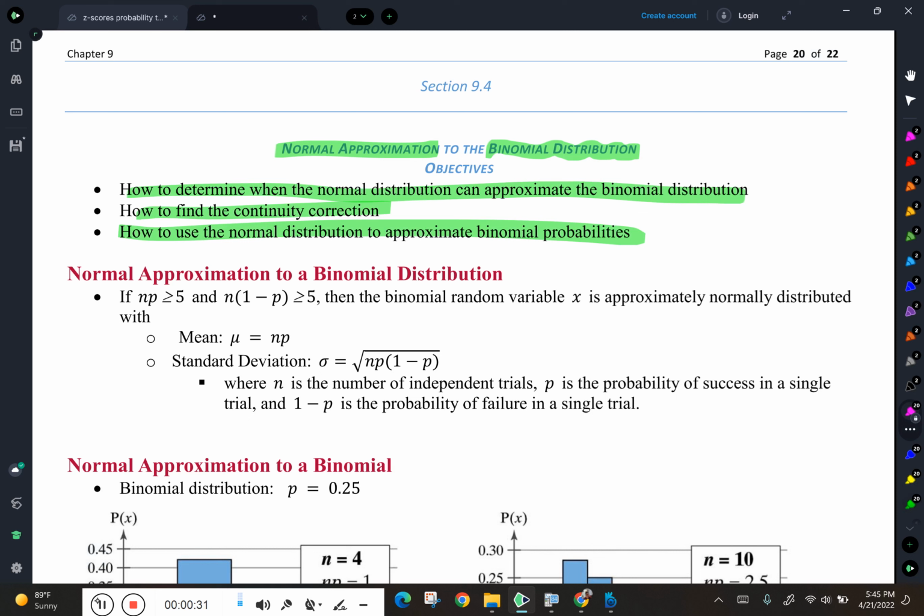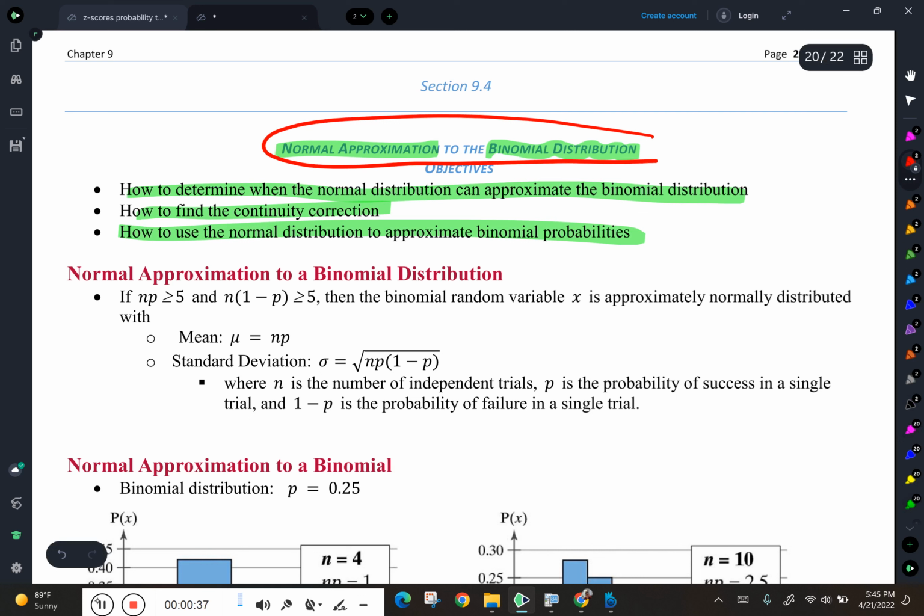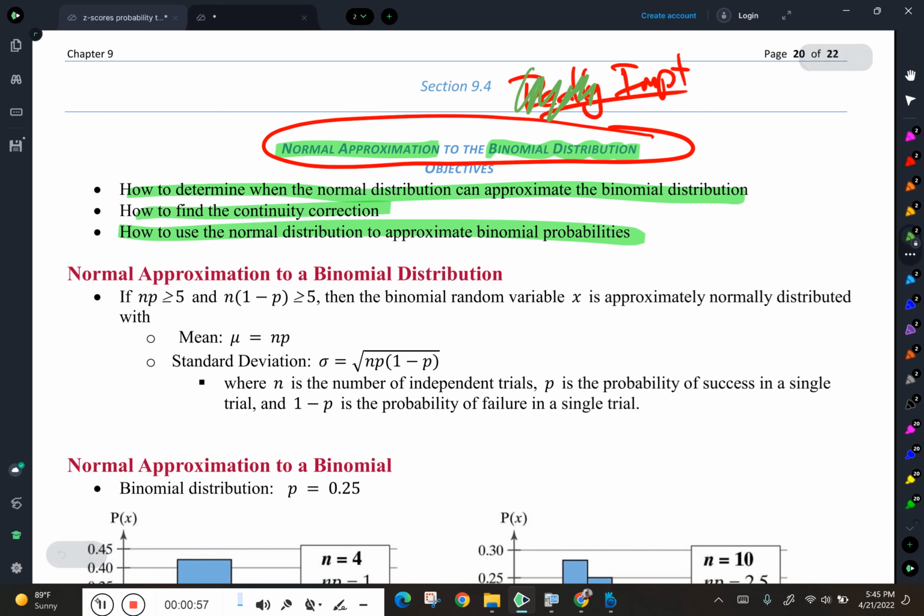All right, so some history. This concept, this idea of using a normal approximation for a binomial used to be really important. And then technology came along and took away the word really and made it just kind of important.